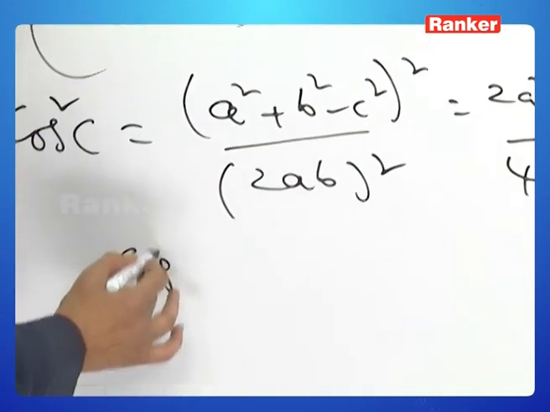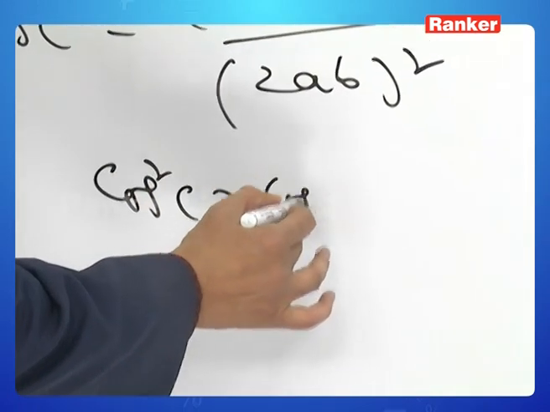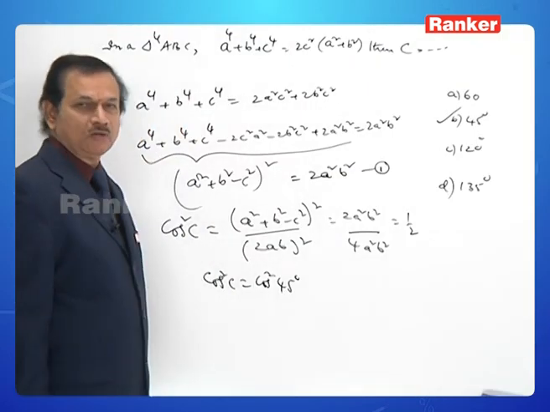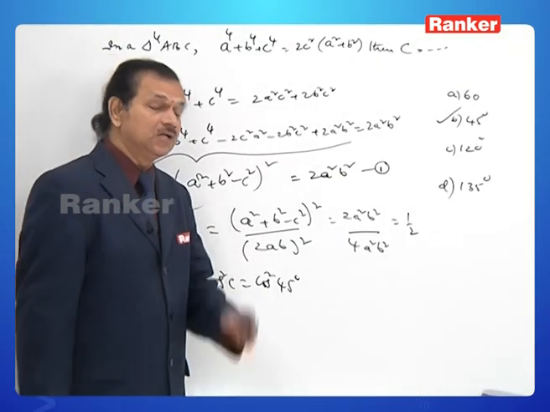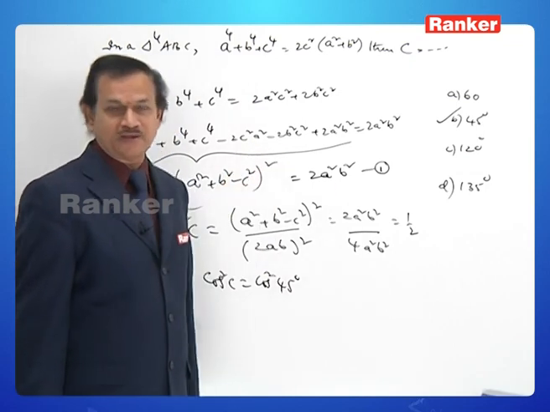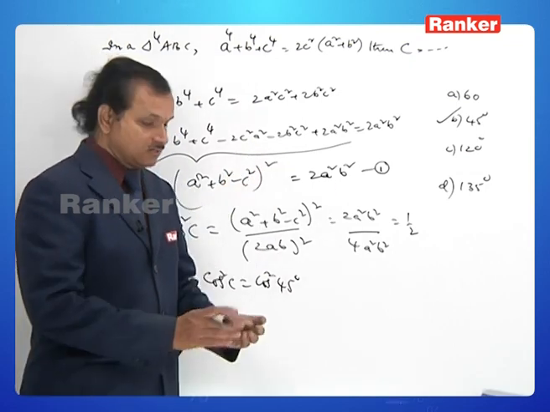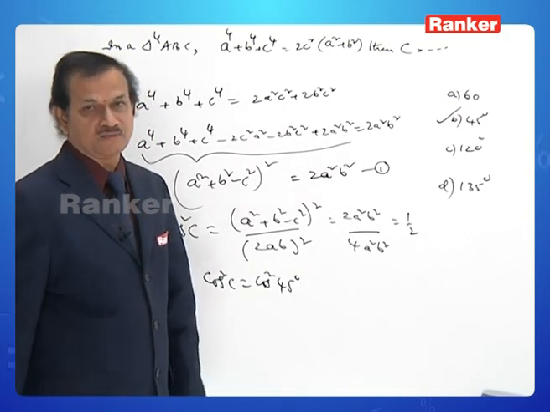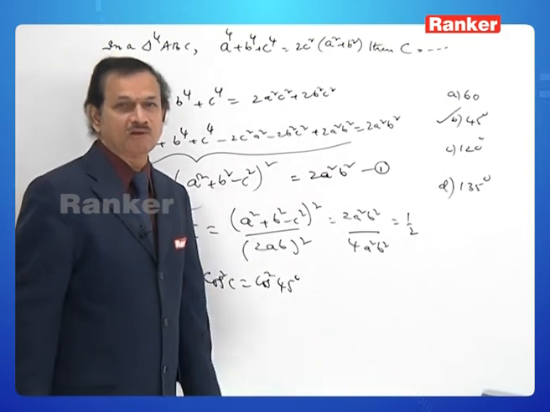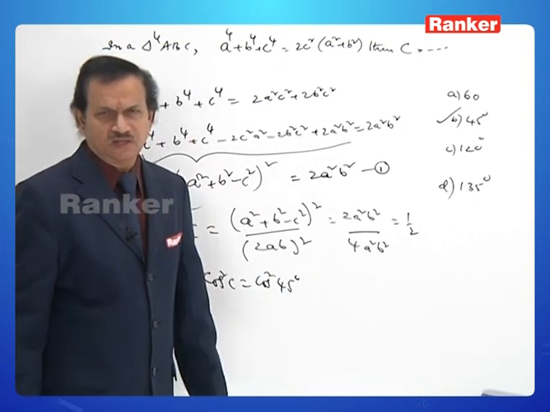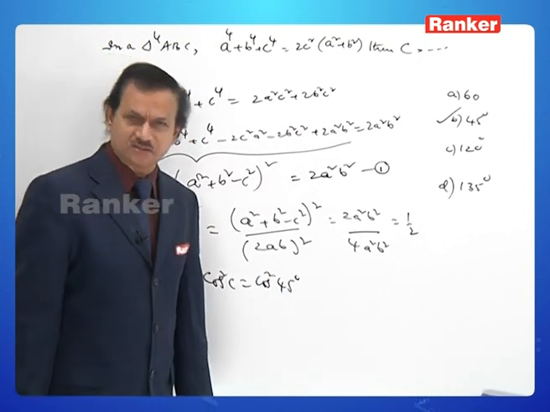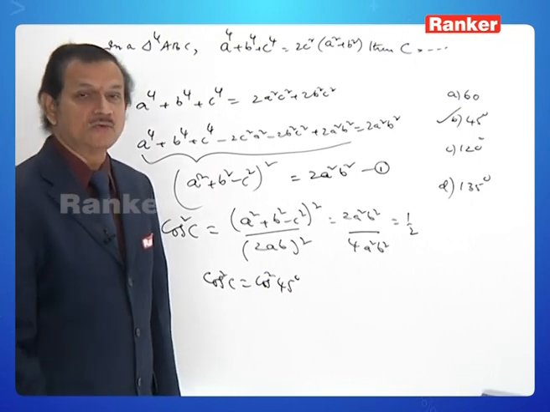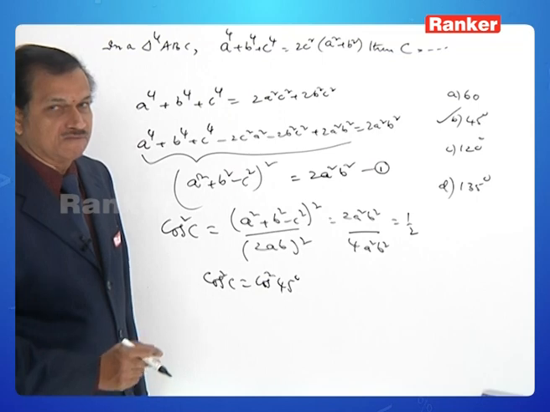So what do you have? Cos square C is equal to cos square 45 degrees. Let us have a look over the formulae for general solution of trigonometric equations. If you have sin square theta is equal to sin square alpha, or cos square theta is equal to cos square alpha, or tan square theta is equal to tan square alpha, in almost all those 3 cases, we have the general solution as theta is equal to n pi plus or minus alpha, isn't it?